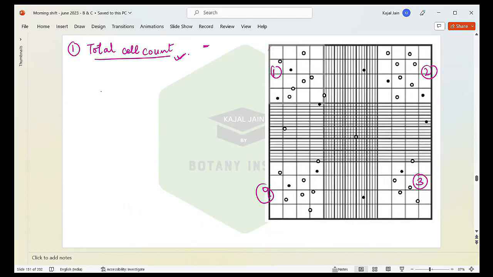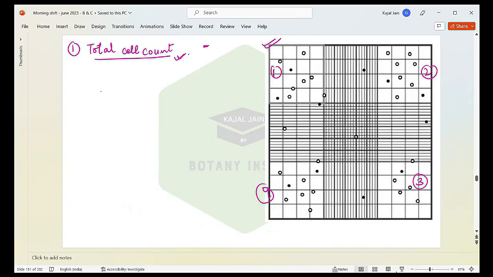These are the four corners you have to take into consideration, because they showcase your main result areas. First, we'll be counting the total number of cells in the four corners. So everyone write down the total cells in each corner.